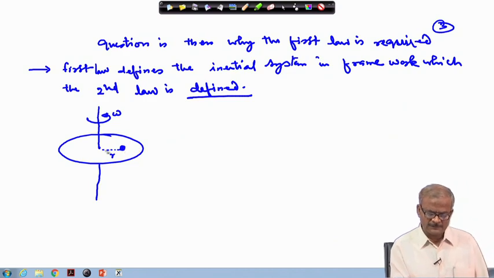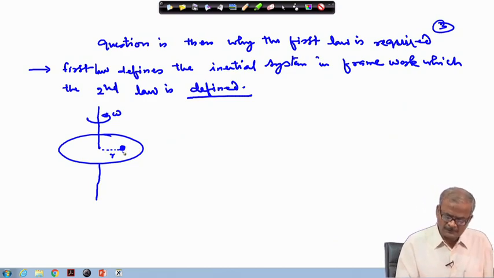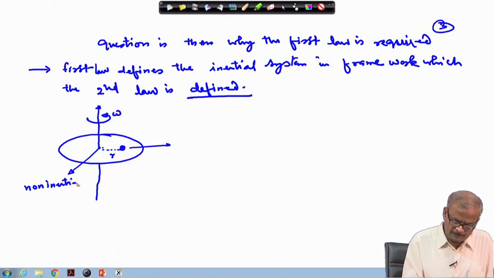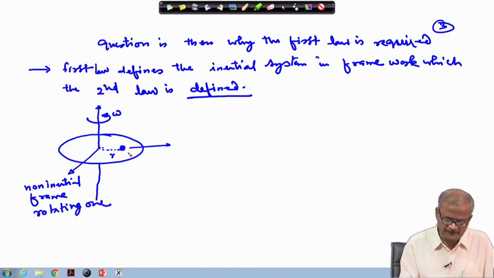It will not stay on the board. In this system there is no force acting; this is a rotating frame, which is a non-inertial frame. So, this is a non-inertial reference frame.